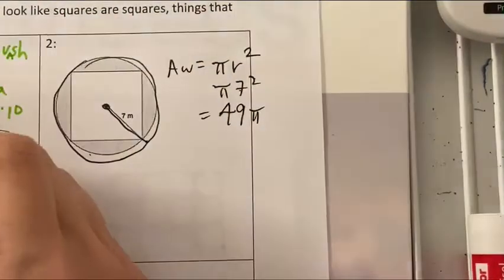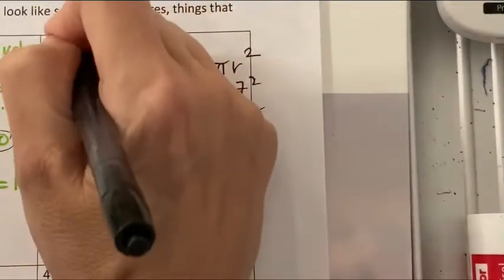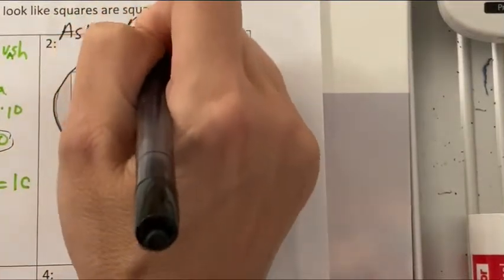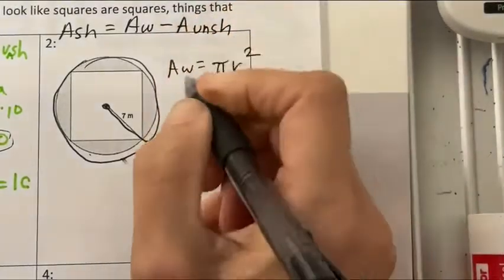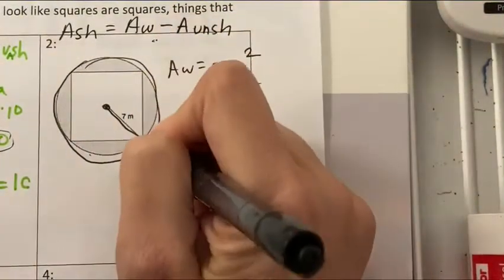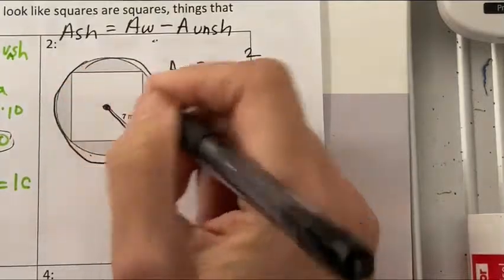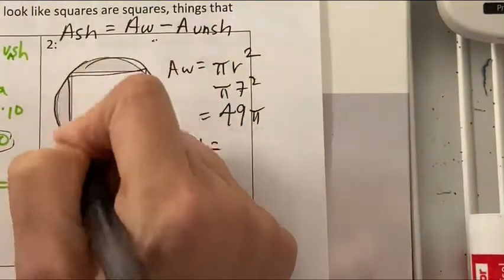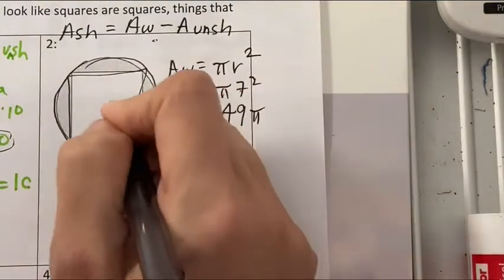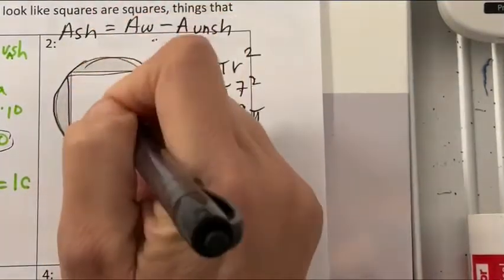Now, again, my formula is the area of the shaded region has to be the area of the whole thing minus the area of the unshaded region. So let's find the area of the unshaded region. The area of the unshaded region is a square, because it says if it looks like a square, it is a square. But this is hard.